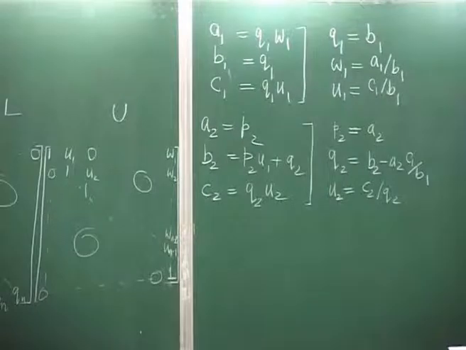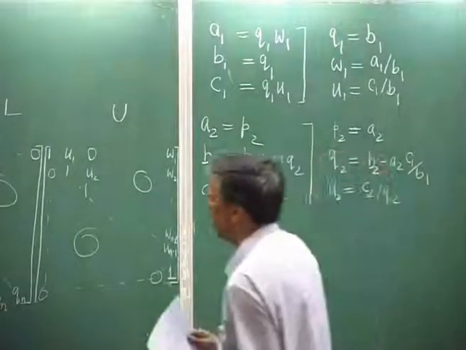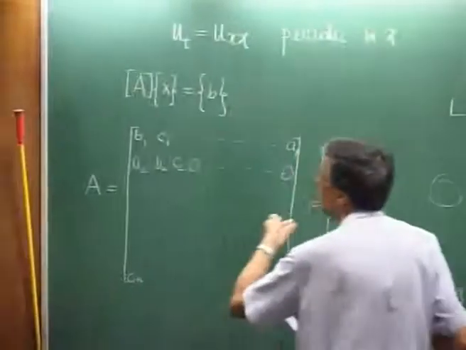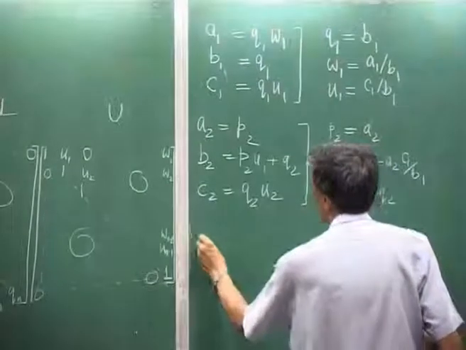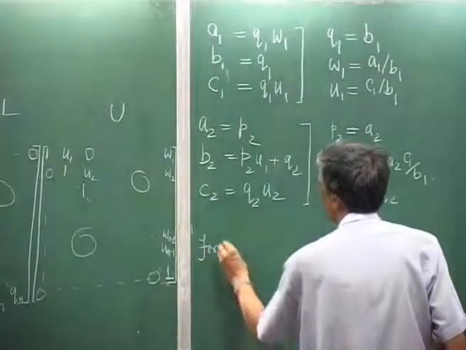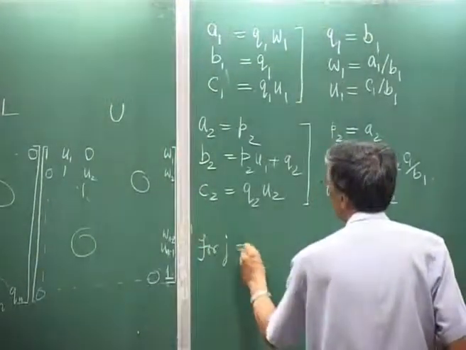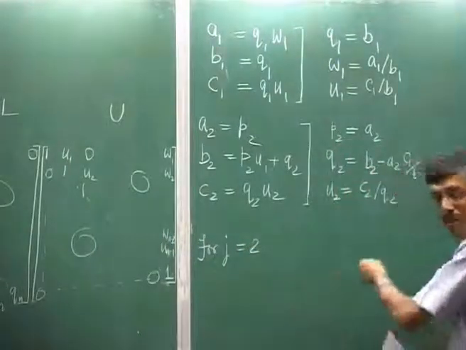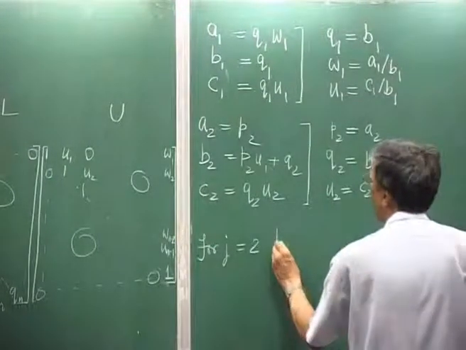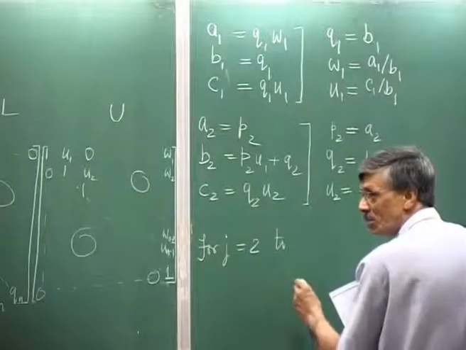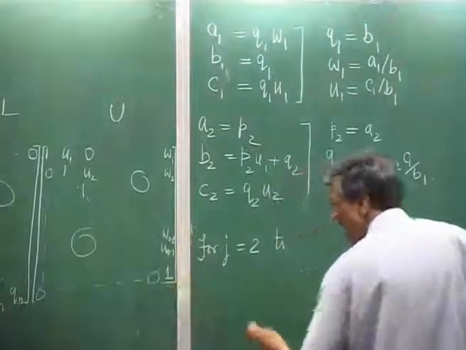So, you can generalize it to any ith row, or say let us call it a jth row. If I do that, I would see that for j equal to 2 onwards itself, I am going to get the same sequence, right. So, we have already done that part. If I know what j equal to 2 is, I can do that, and this I will do up to barring the last line, right.